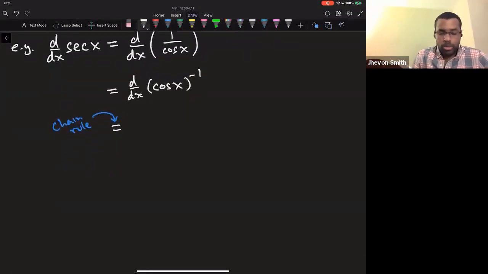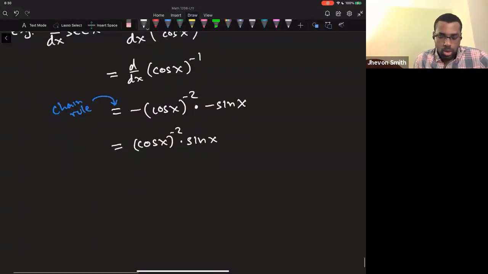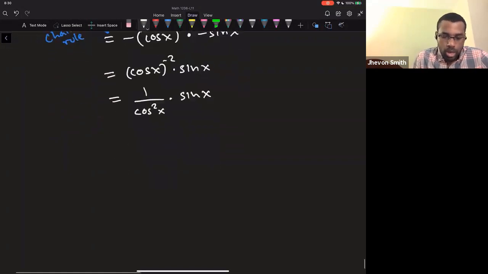So here, differentiate the outer function, multiply by the derivative of the inner function, and we have that. So we have essentially cosine to the minus 2 times sine, or that's the same as 1 over cosine squared times sine of x.